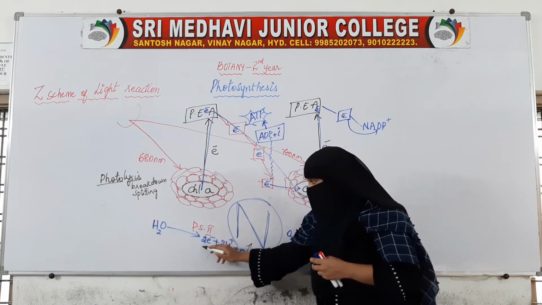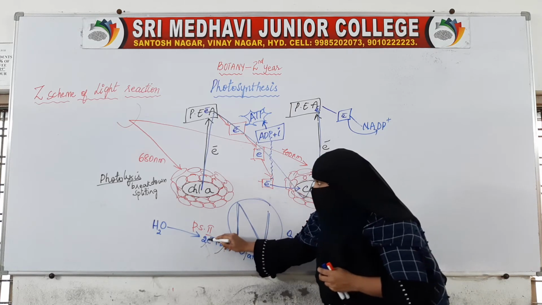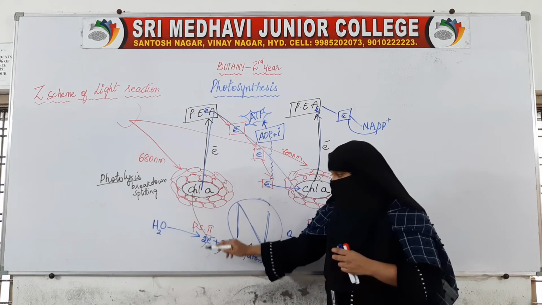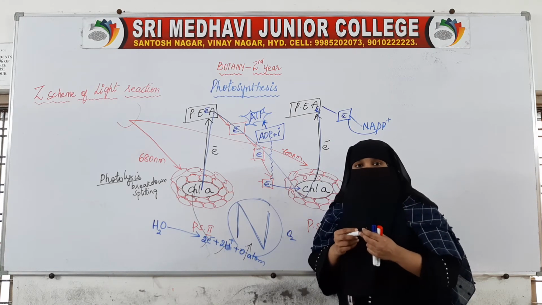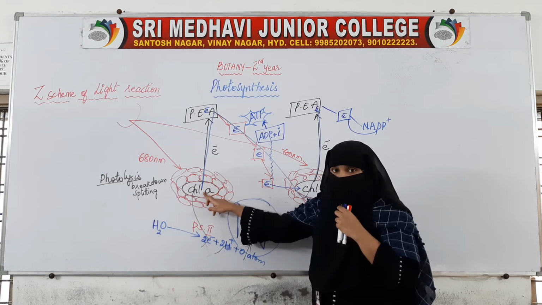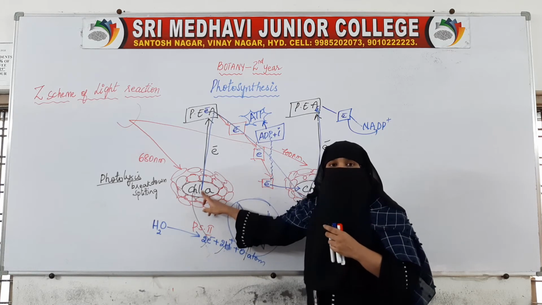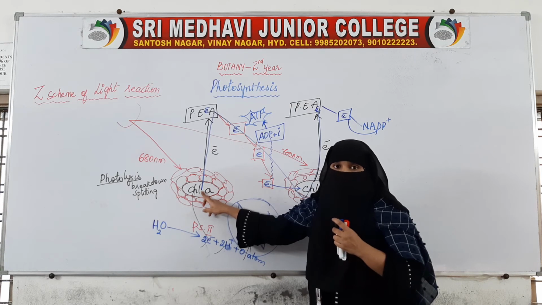This electron goes to this chlorophyll. This chlorophyll takes the electron which we have got from the splitting of the water molecule. Because the chlorophyll was having 1 electron less, now it gets its electron back from the breaking of the water molecule.